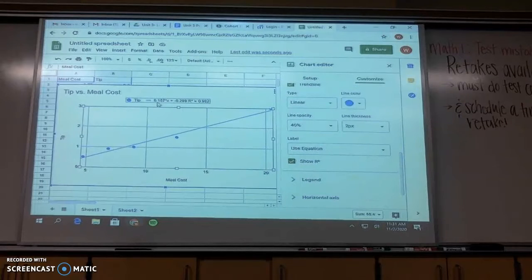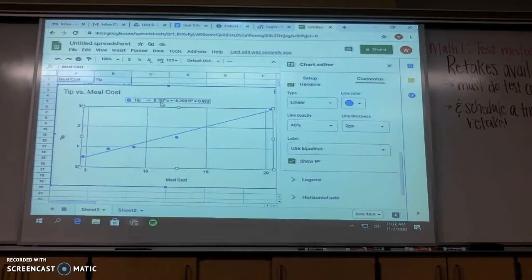So to answer question number 1, our equation is 0.0157 times x plus negative 0.299. That is the equation for this line, which is a ridiculous equation, and I wouldn't make you come up with that on your own. Oh, 0.157, you're right.